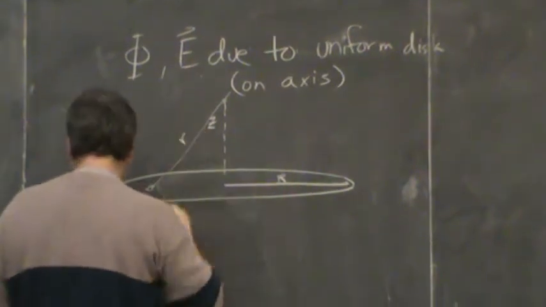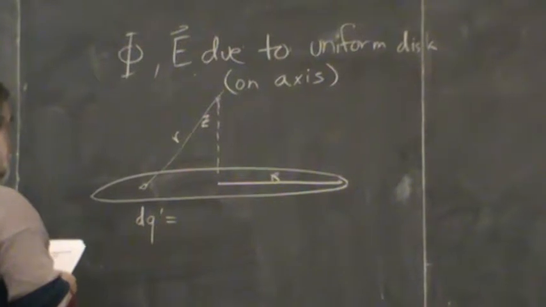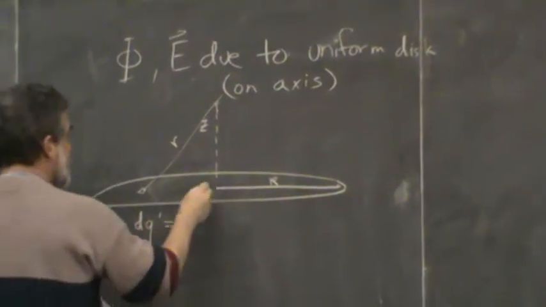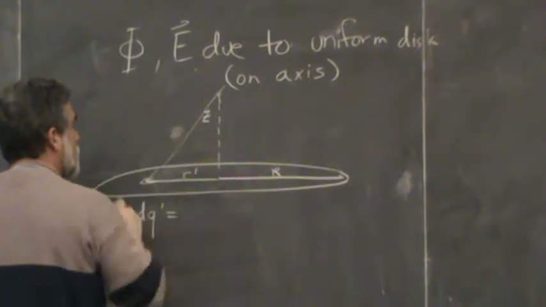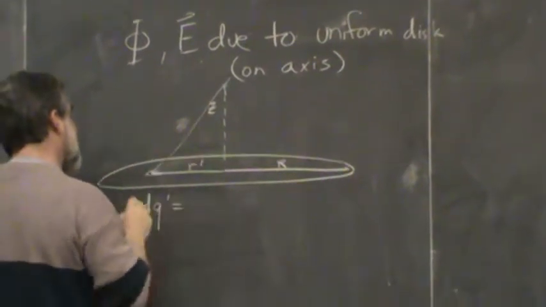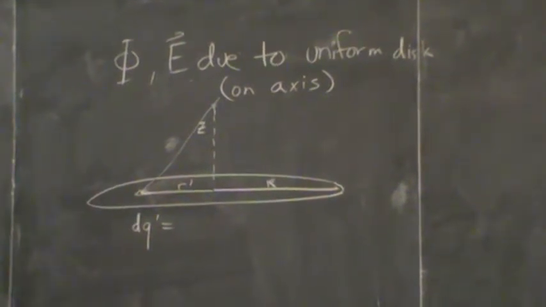My distance from the center I'll call r prime, and height, I've got z. So I only need that distance there. I won't write it down.